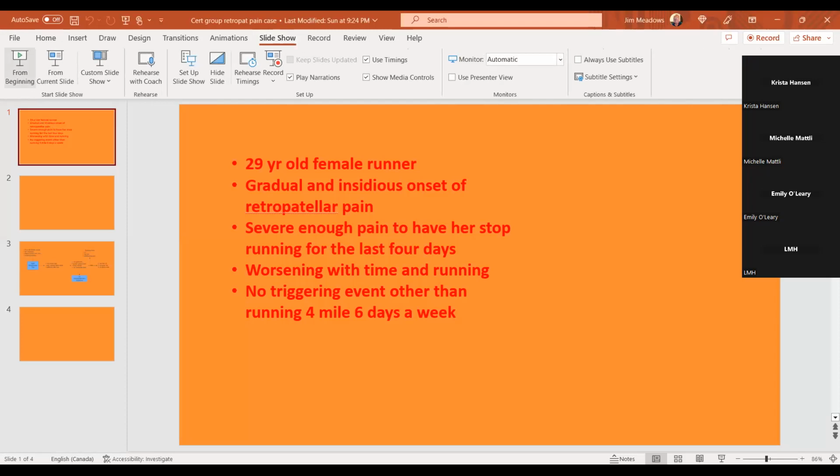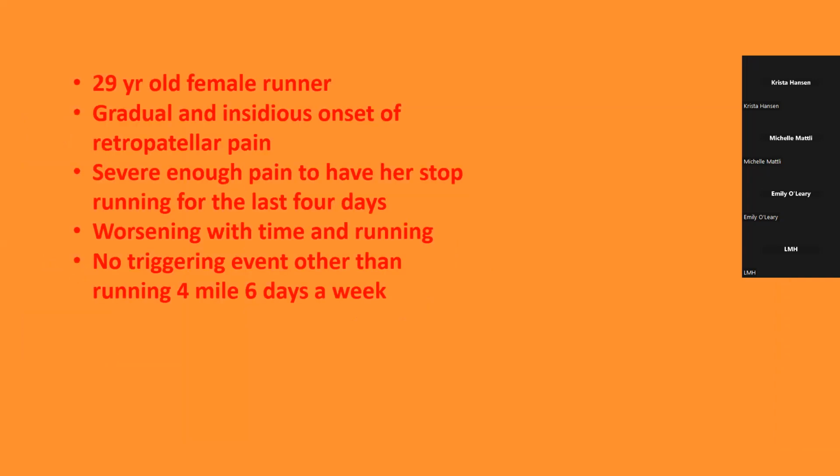Okay, so there's your patient, a 29-year-old female runner who's complaining of retropatellar pain. The onset was gradual and insidious. The pain was severe enough to have her stop running for at least the last 4 days. It's worsening with time, the actual time she's running for, and also how far she runs.